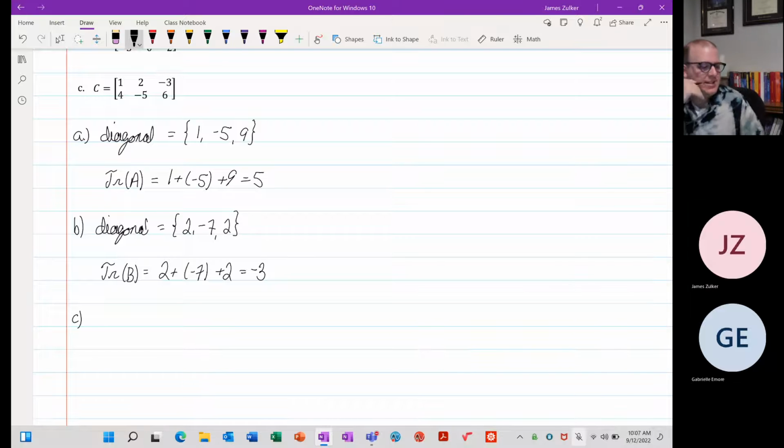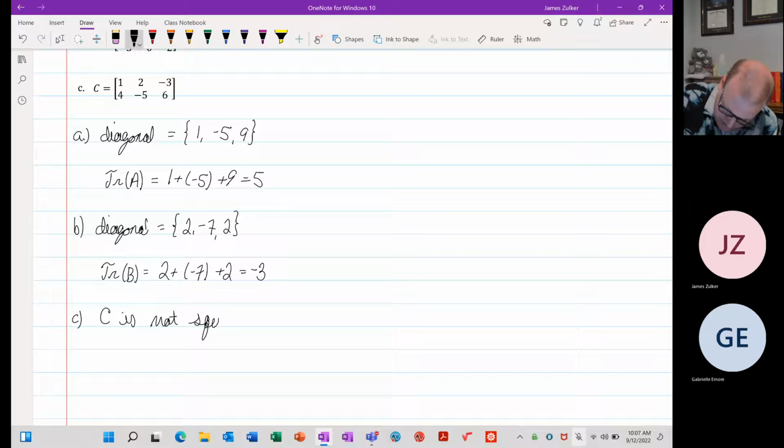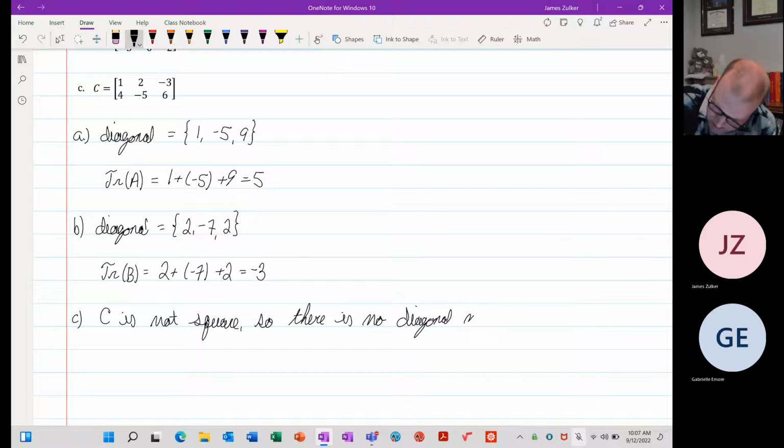C is not a square matrix. That means there is no diagonal nor trace, so diagonal and trace only exist for square matrices.